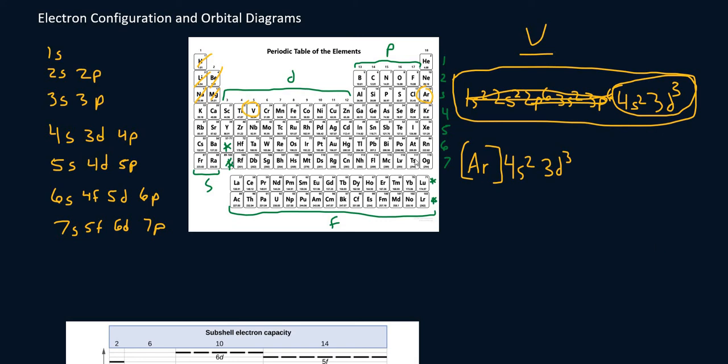We can go to the row above the element that we're trying to do, and we're going to use the noble gas from that row. So you'll always want to go to the row above your element, take that noble gas, and start your configuration from that noble gas. So you would start at the next element, which in our case was potassium, and we went from potassium to vanadium instead of hydrogen to vanadium, which is the full configuration.